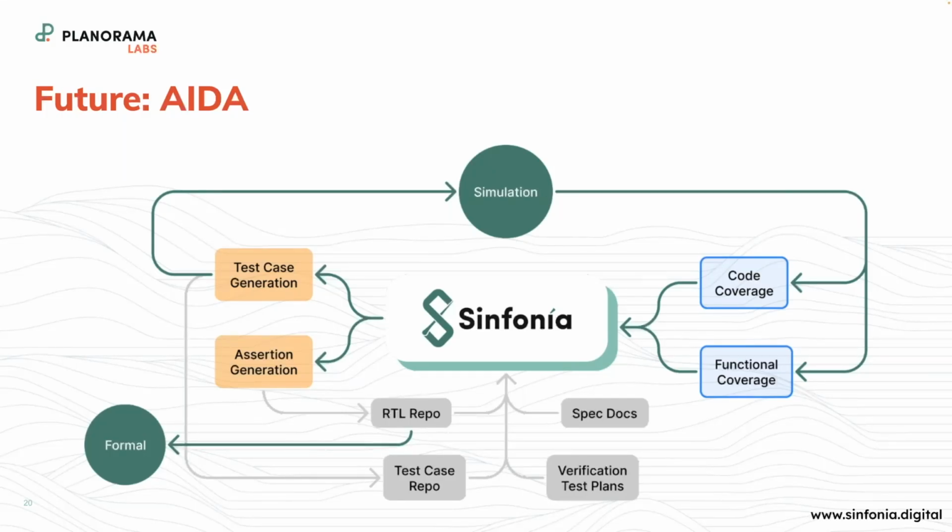Again, are we there right now? No, we're not there. But I can tell you that from our viewpoint, we see the access and availability of these specifications to the AI systems, and we've built an AI system in the Sinfonia, and there's other places to build it into as well.